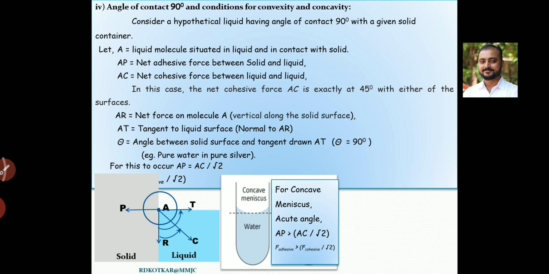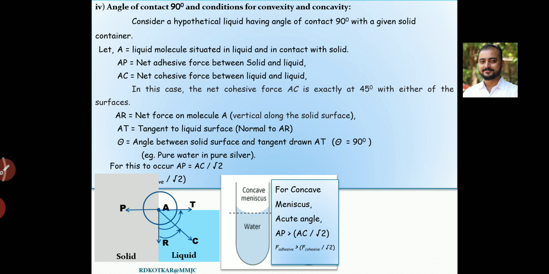In this case, the meniscus should be concave, the angle formed is an acute angle, and the important thing is the relation between AP and AC. AP should be greater as compared to AC by root 2, meaning the value AC by root 2 should be smaller and AP should be greater.